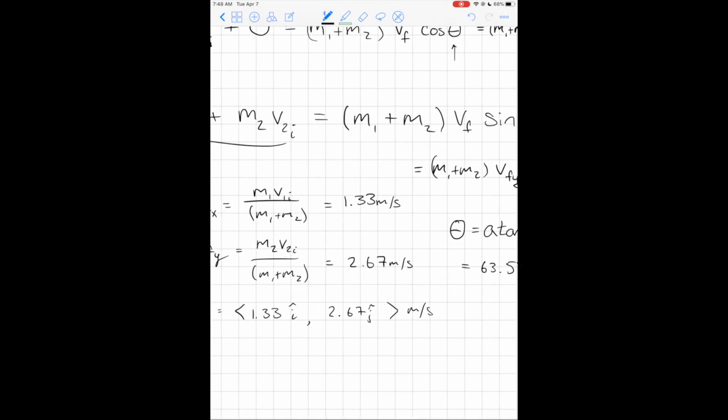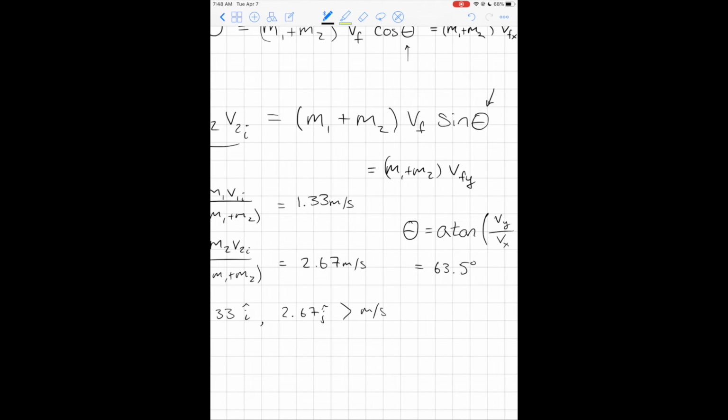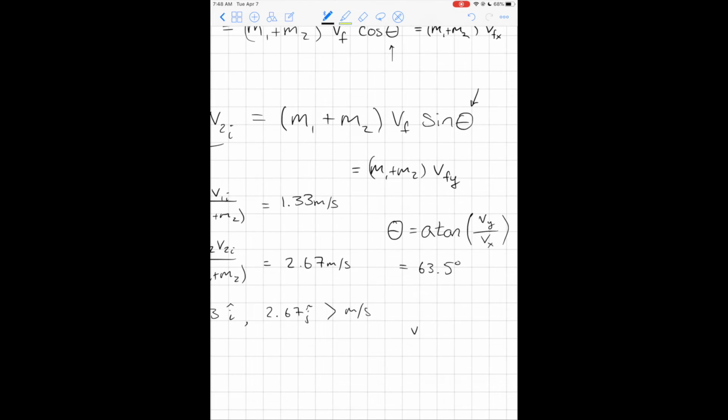I think the last part, if we didn't want to just write this as a component vector, but rather as a magnitude and direction, is to take the magnitude, right? Vf as a magnitude would be the square root of Vx squared plus Vy squared. We know that. And I get a magnitude of about 3 meters per second.